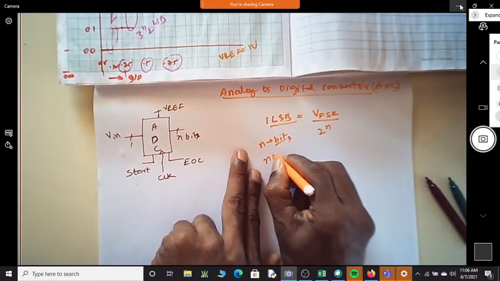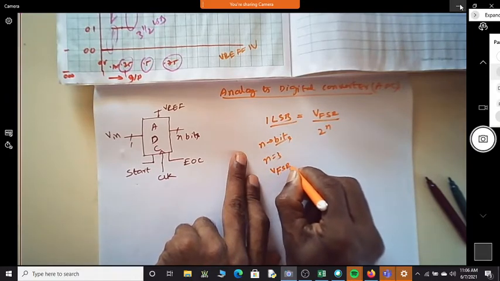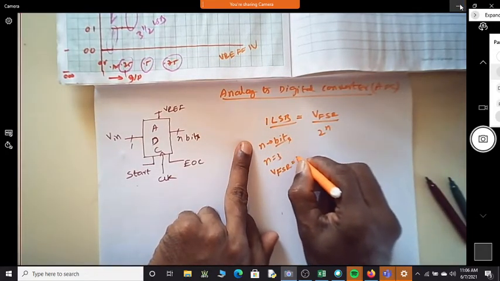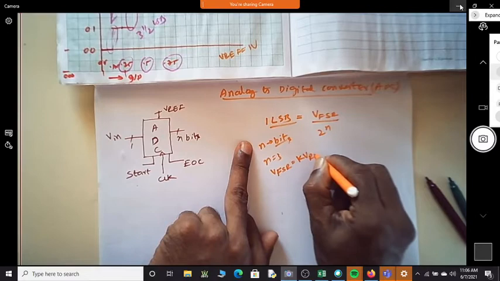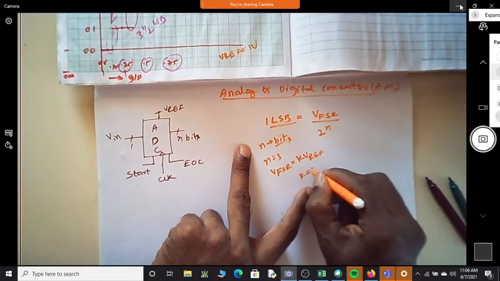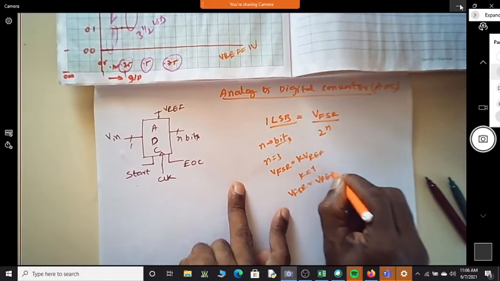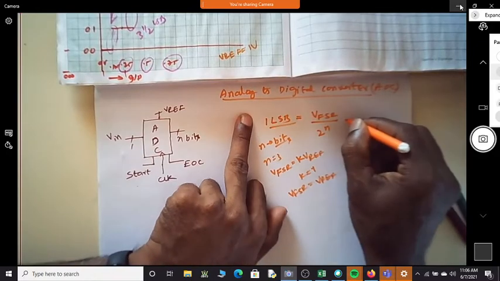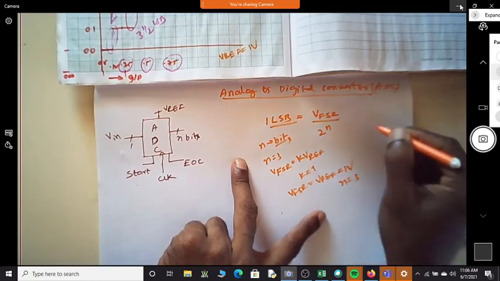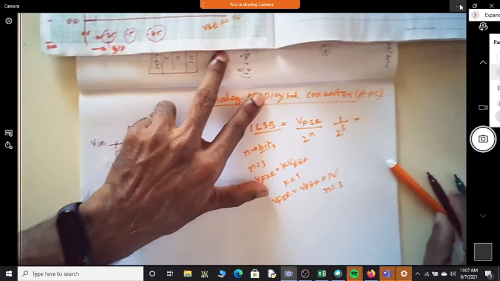Suppose n is equal to 3, and VFSR, the full-scale range, is equal to K into V reference. Suppose K is equal to 1, then VFSR becomes V reference itself. If this is equal to 1 volt and n is equal to 3, I get 1 by 2 power 3, which is equal to 1 by 8.